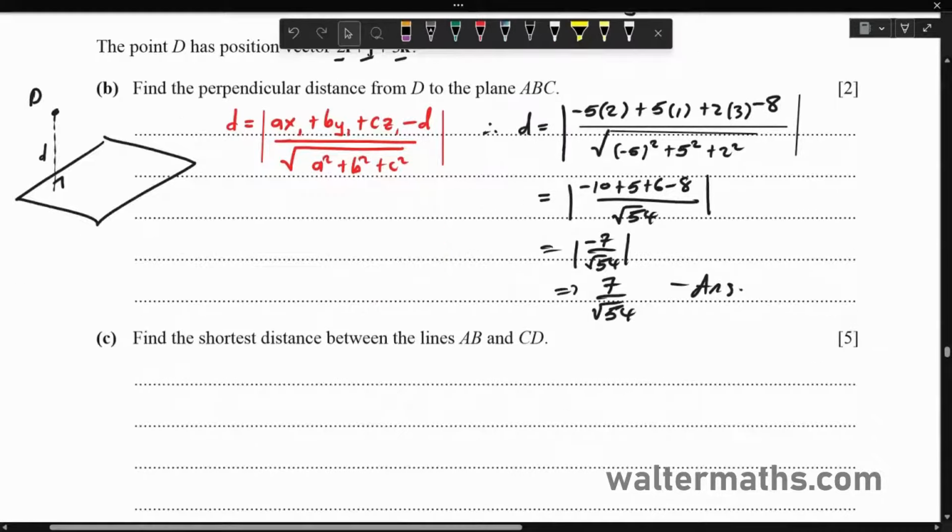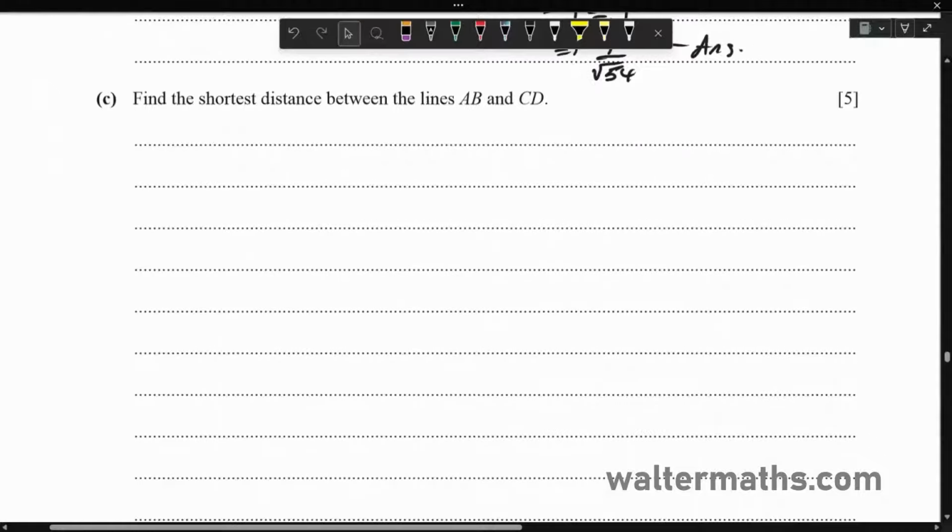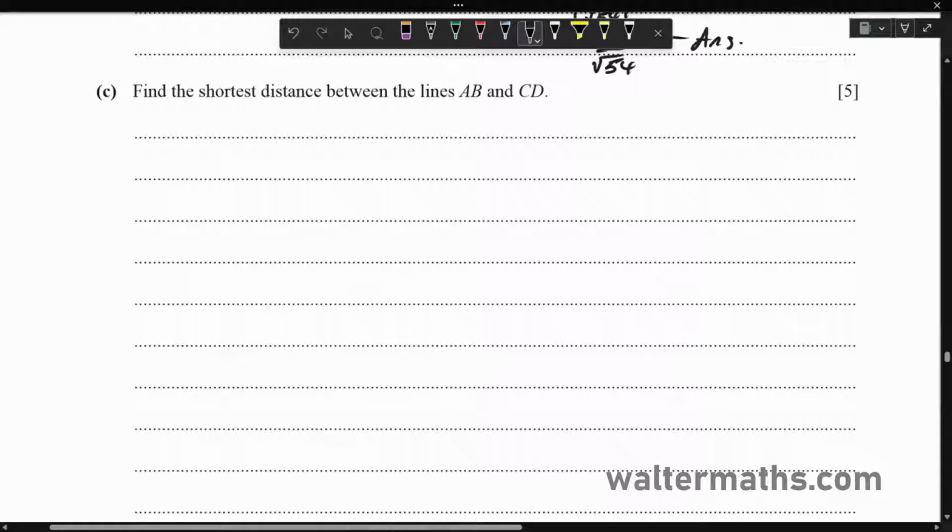Let's move on to part C. On part C, they say, find the shortest distance between the lines AB and CD. Alright, so here, we're going to make use of the fact that the shortest distance between two lines can be found by d is equal to the modulus of (a1 - a2) dot (b1 cross b2), over the mod of b1 cross b2.